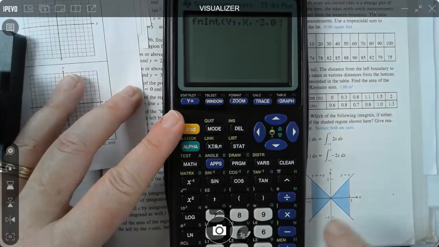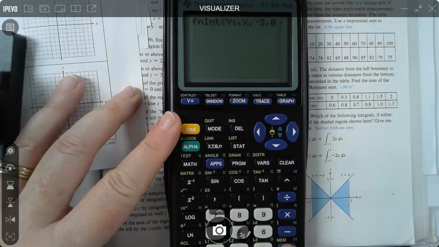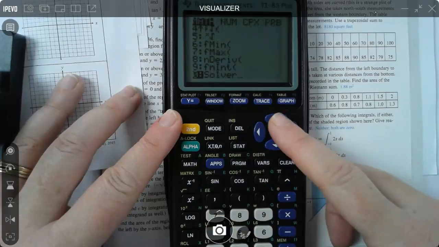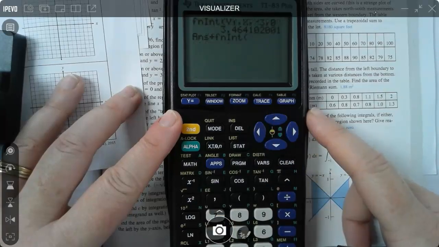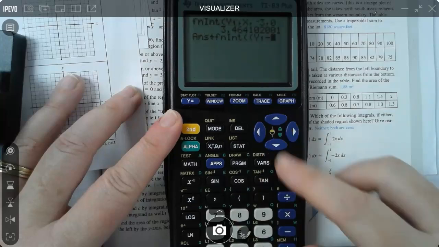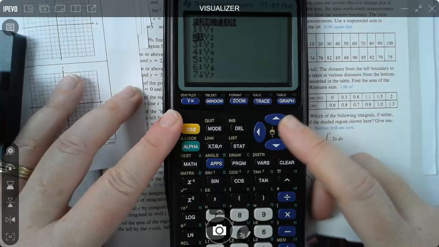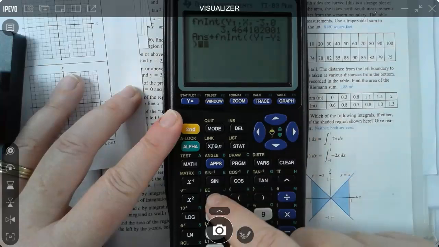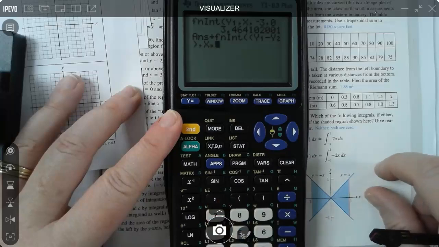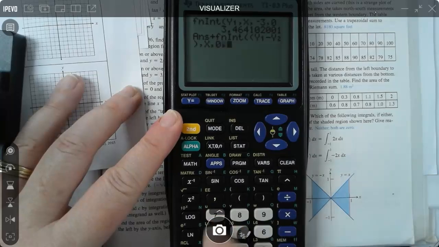Now to that, I'm going to add, I'm going to say plus, and now I'm going to do the integral, and this is where I'm going to do my top minus bottom. So y1 minus y2, are y'all following me on this? dx, and what am I running it from? 0 to 1. 4 1/3, 4.33.